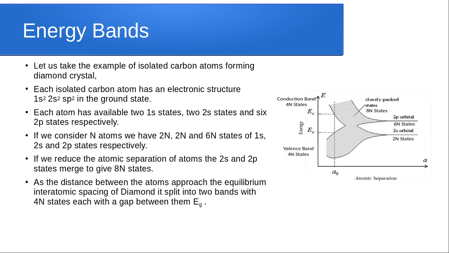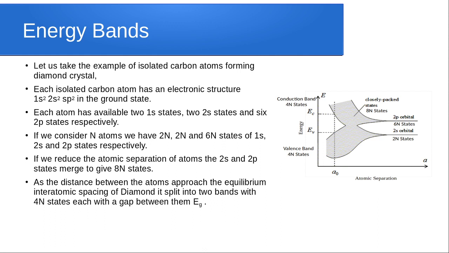Each atom has available 2 1s states, 2 2s states and 6 2p states respectively, which means that there will be 2 states in the s orbit for the electrons to occupy. Now, if we consider n atoms, we have 2n, 2n and 6n states of 1s, 2s and 2p states respectively.